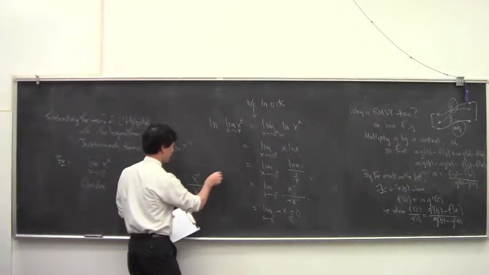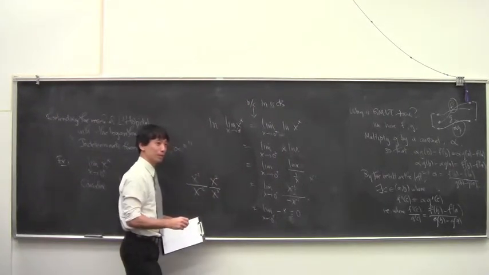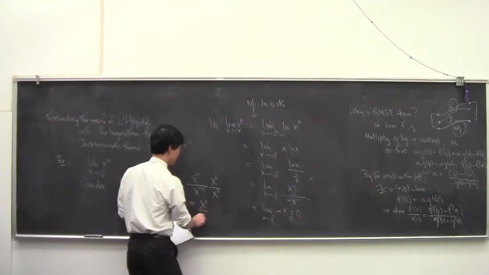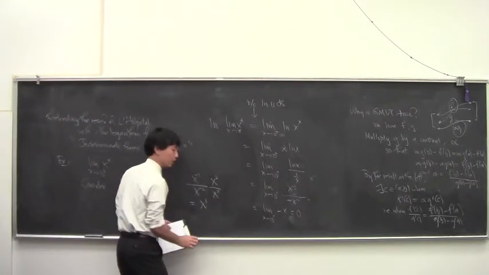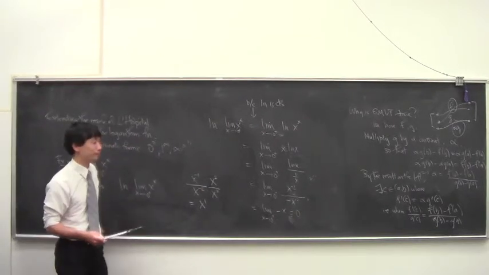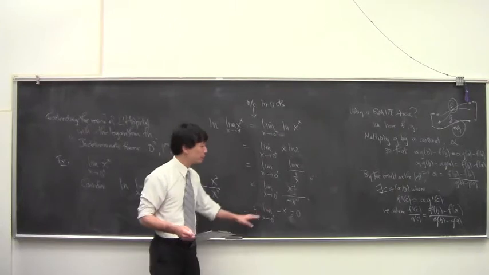If you want to think of it this way, you could say I'm going to multiply on top and bottom by x squared. Okay. Right? And then I end up with x to the 1 on the top and x to the 0, let's just say 1, on the bottom. Okay, that makes sense. Okay. And so I get 0.